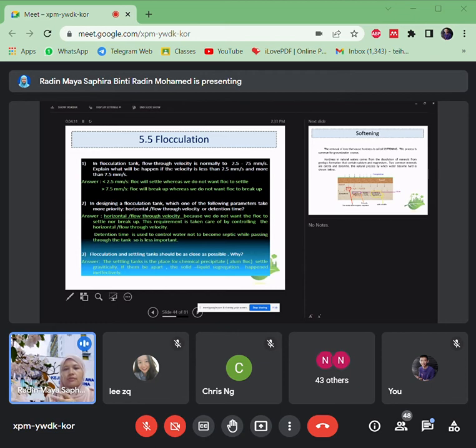So we need to make sure that the velocity must be in the range. And then detention time is not used to control the water becoming septic while passing through the tank. So this is less important.